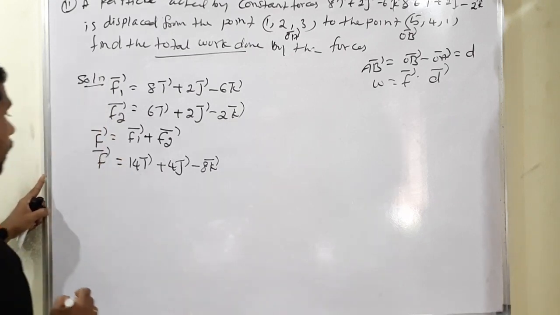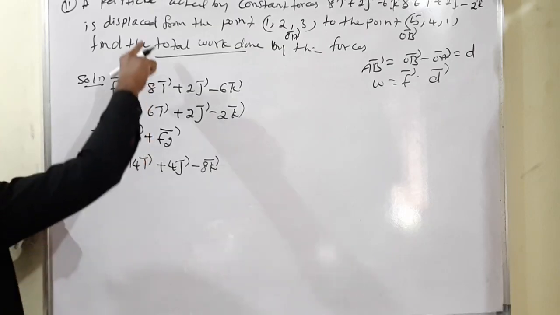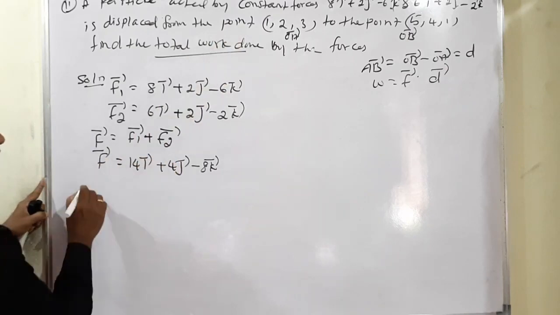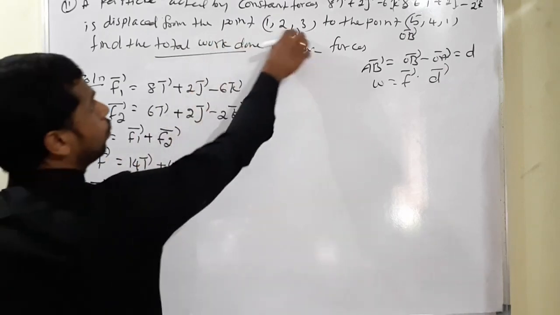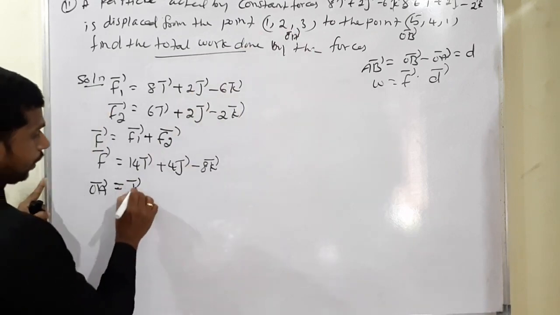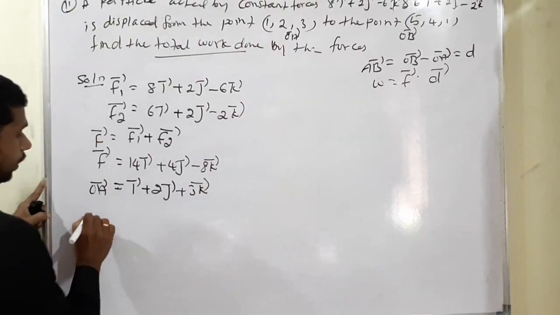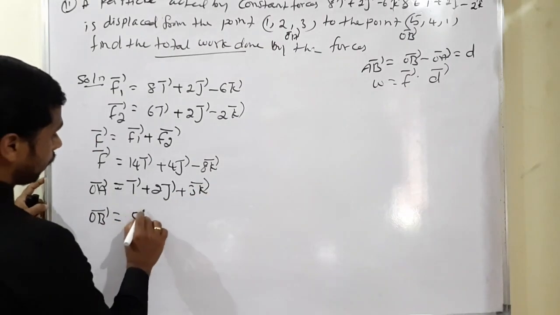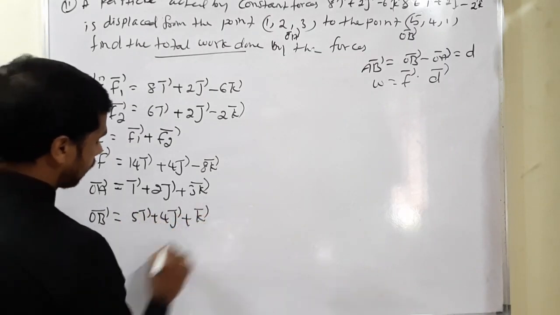Next, D. D means displacement. Before moving to D, first we have to find the displacement from the point to the point. OA is 1, 2, 3, so i vector plus 2j vector plus 3k vector. Then OB vector is 5, 4, 1, so we can write 5i vector plus 4j vector plus k vector.